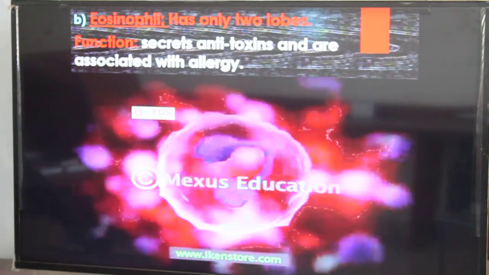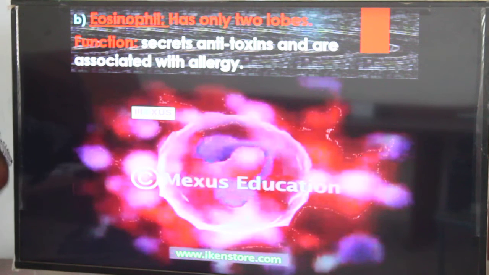The second type is the Eosinophils. Eosinophils normally have a 2-lobed nucleus. 1, 2. And how do they function?